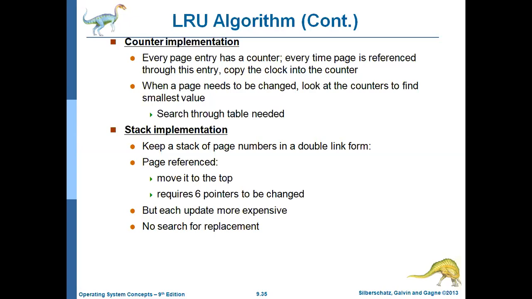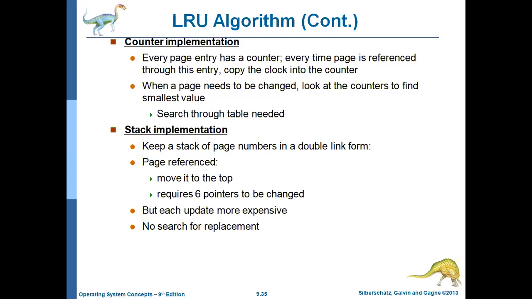Whenever a page is referenced, the contents of the clock register are copied to the time-of-use field. So we always have the time of the last reference to each page. This scheme requires a search of the page table to find the LRU page, and a write to memory for each memory access. That is how the implementation can be done.